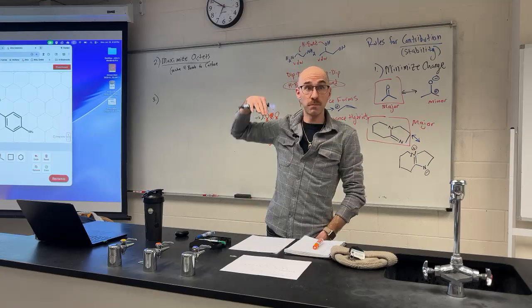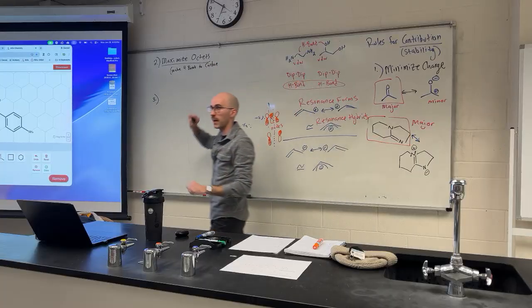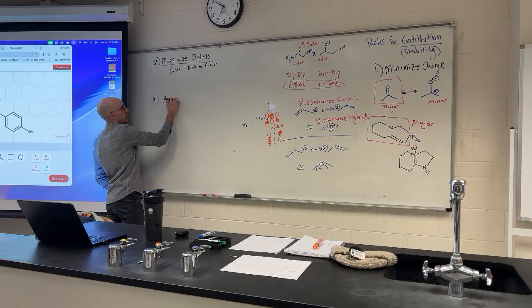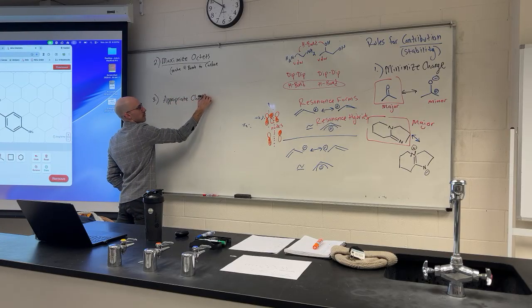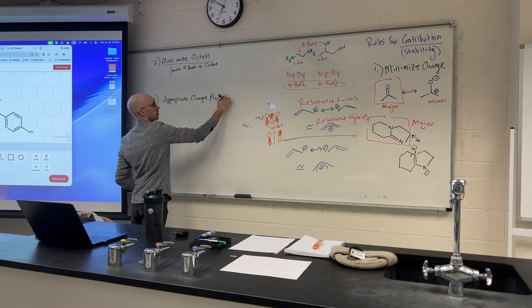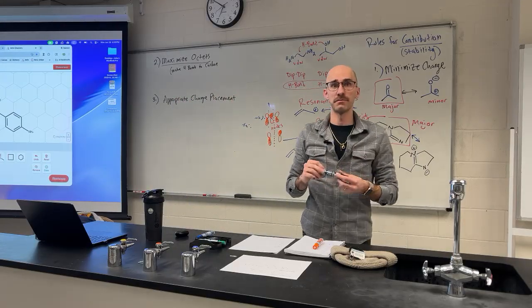These are priority based. So first you minimize charge, then you maximize octets, then you have appropriate charge placement. What does that mean? Well, it means if you have a negative charge, it should be placed on the more electronegative atom.